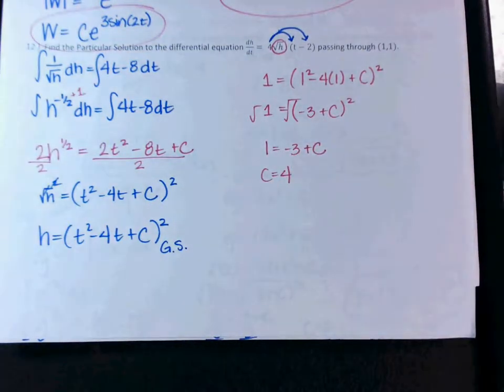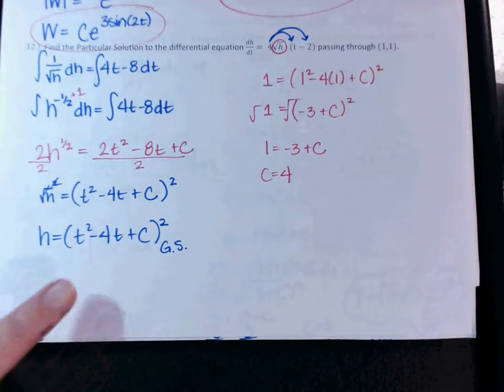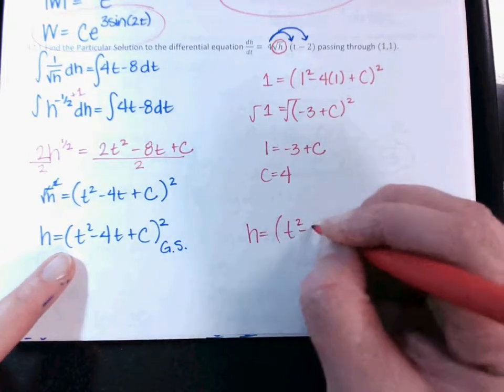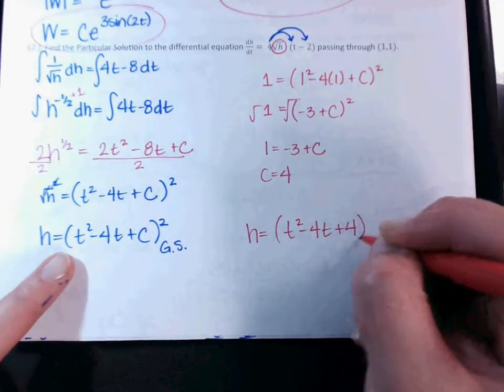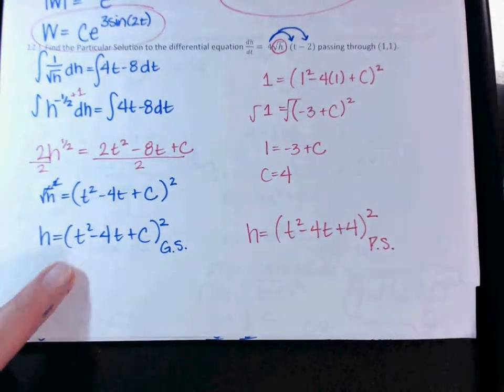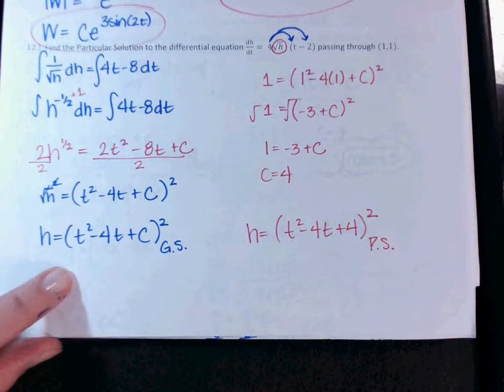Good. Okay, you square root both sides to get rid of the squared around the c. Then you add your 3 across to cancel it out. C is 4. So then your particular solution would be t squared minus 4t plus 4 quantity squared. That's your particular solution.